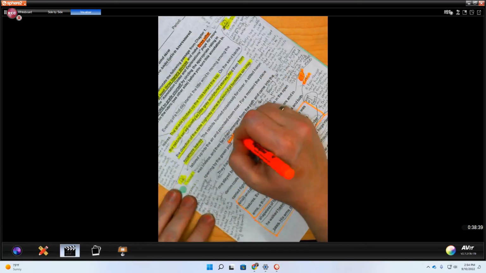Okay, so that's my second other annotation. I did an I wonder.